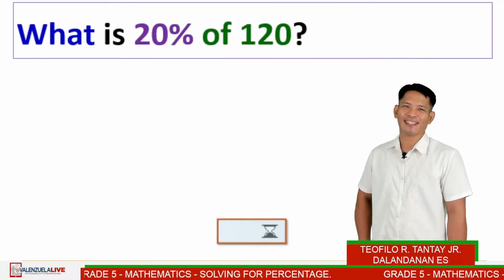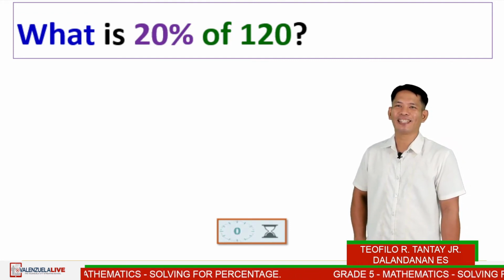Time's up. Okay. So what is 20% of 120 grade 5?